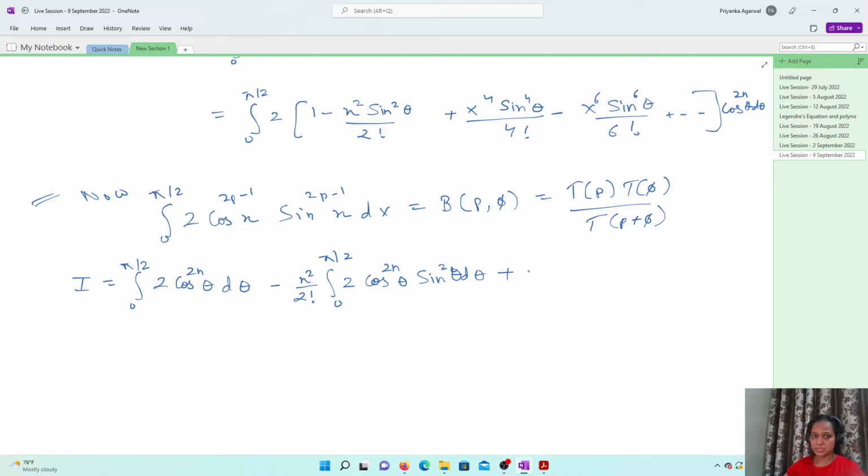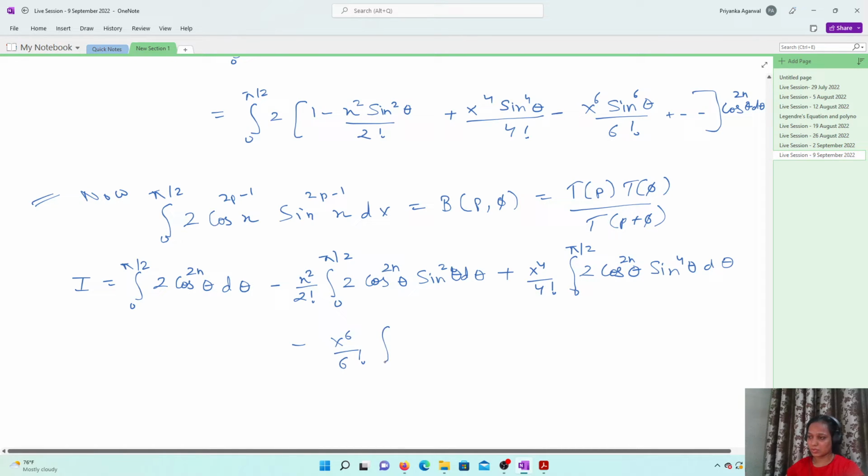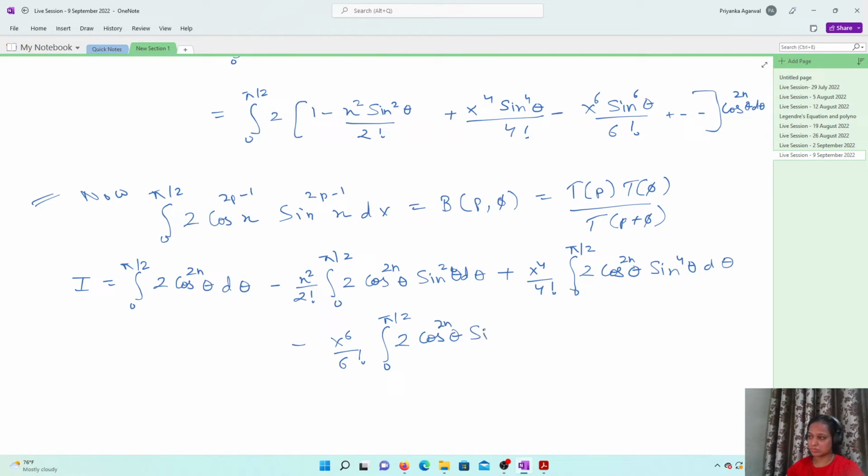Similarly, plus x to the power 4 by 4 factorial integral 0 to pi by 2 of cos to the power 2n theta sine to the power 4 theta d theta, and the last term I'll write, and so on.